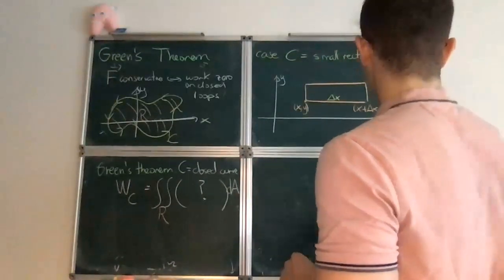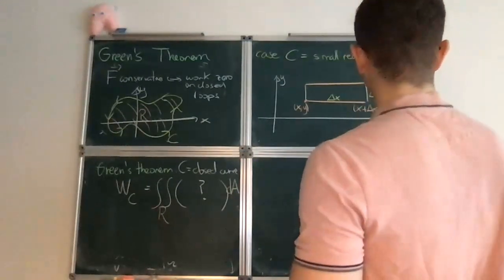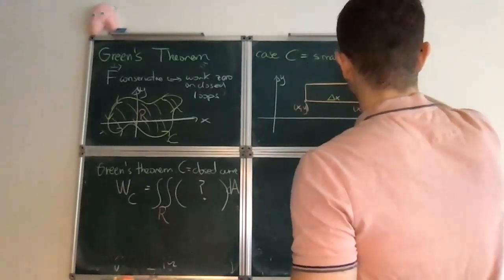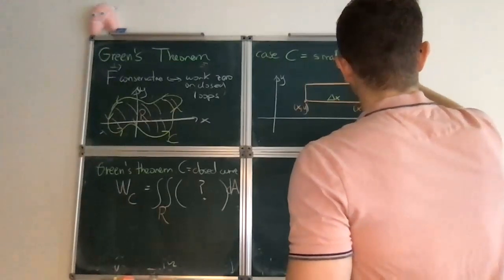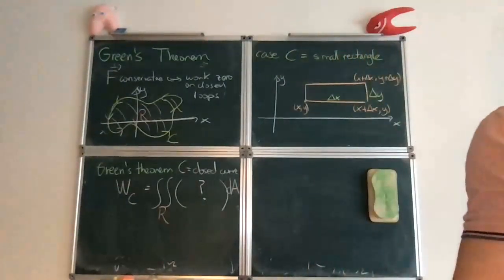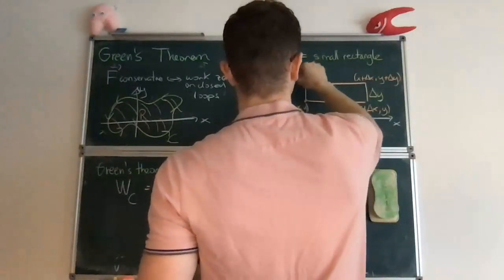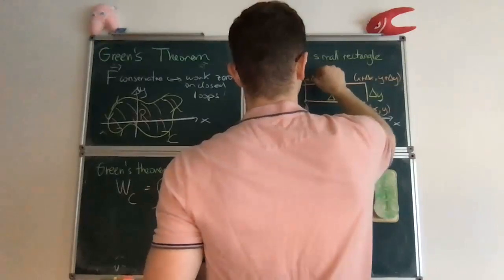And let's say it has another side of length delta y, and so this would be the point x plus delta x, y plus delta y, and this would be the point x comma y plus delta y.